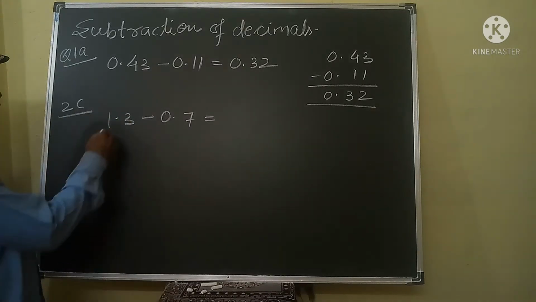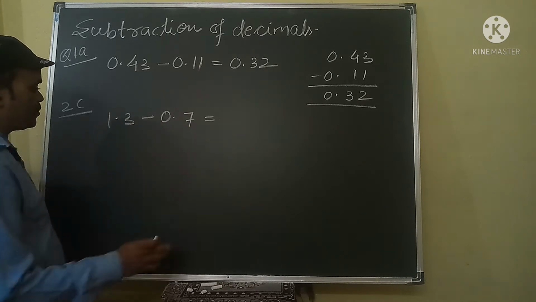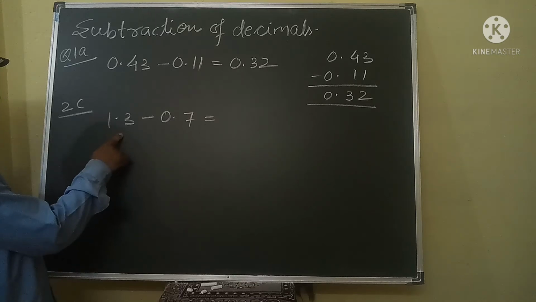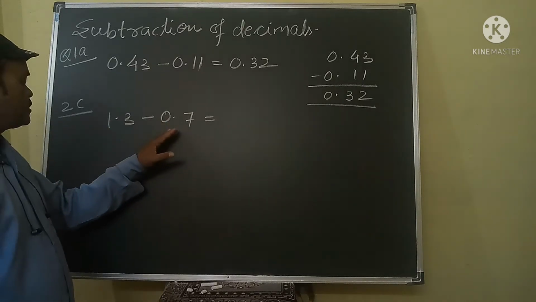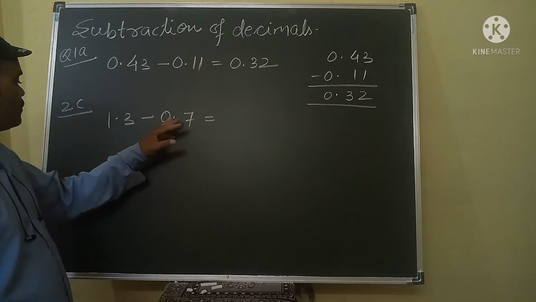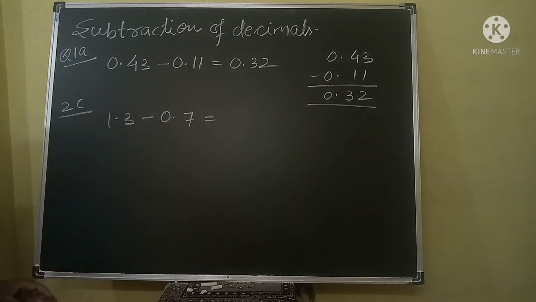After the decimal point, the number of digits is equal. In this decimal number, after the decimal point, the number of digits is 1. In the second decimal number, after the decimal point, the number of digits is 1.